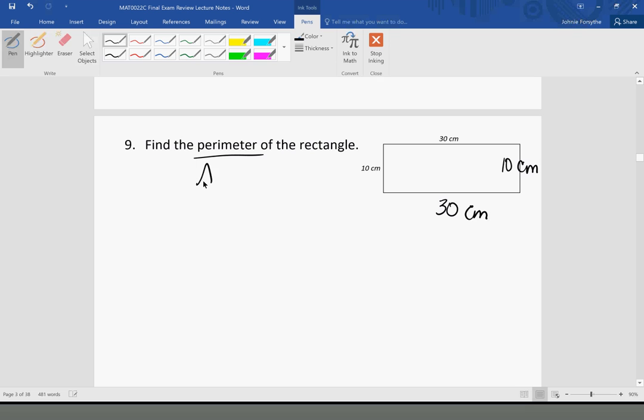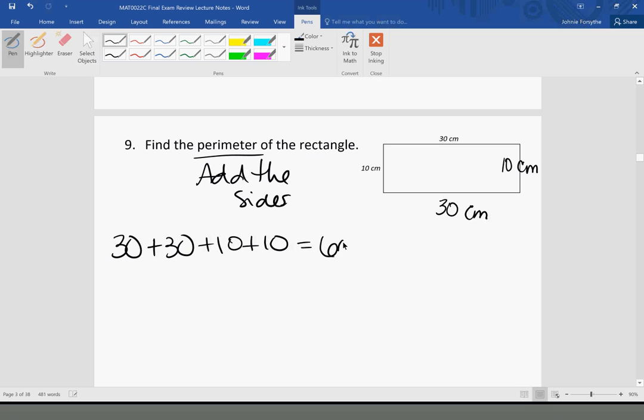The perimeter means that you add up all the sides. So you could just say 30 plus 30 plus 10 plus 10, which would equal 60 plus 20, which equals 80 centimeters.